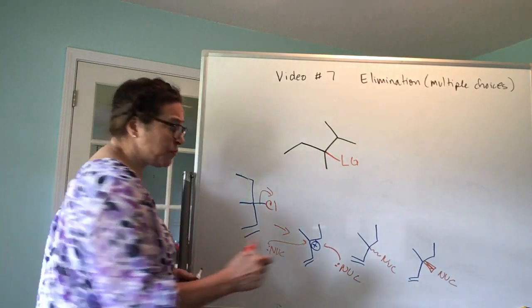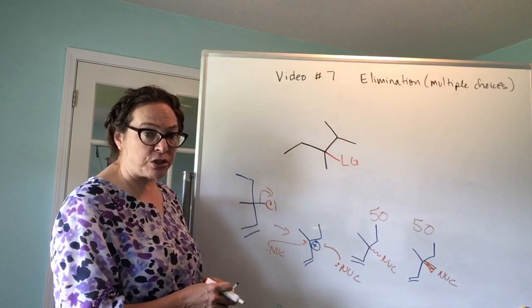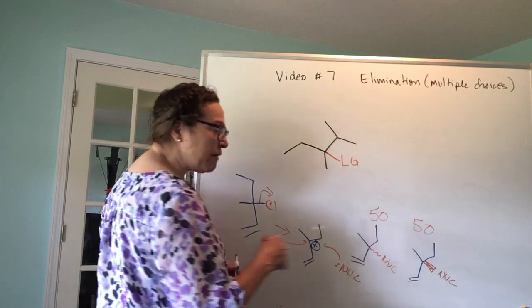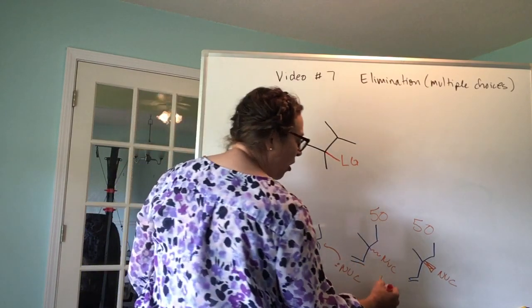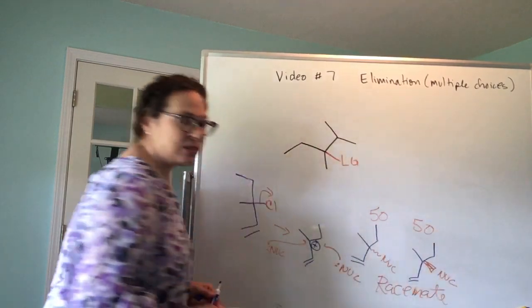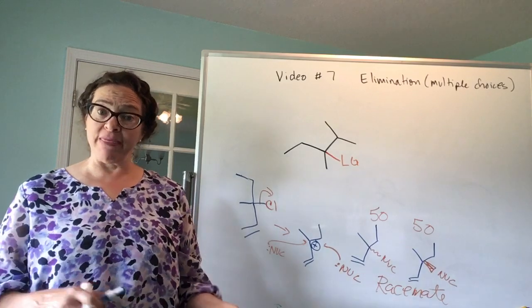It's an absolute 50-50. When you have a 50-50 mixture of enantiomers, the R and the S enantiomers, we call it a racemate. A racemate, or a racemic mixture, is a mixture of both the R and the S.